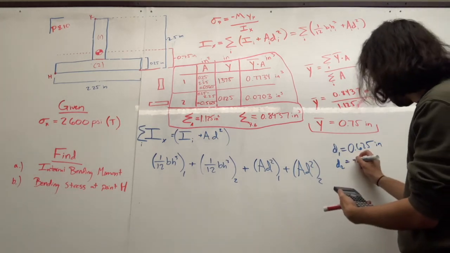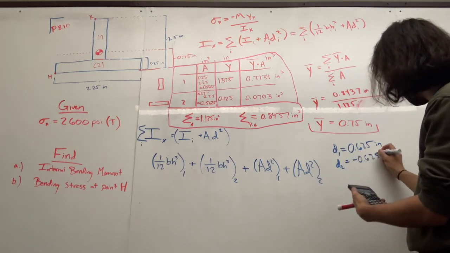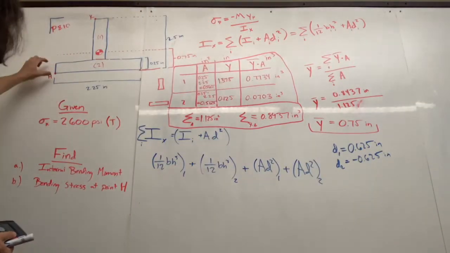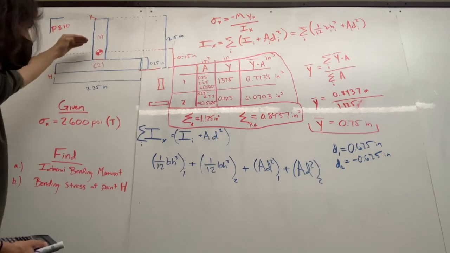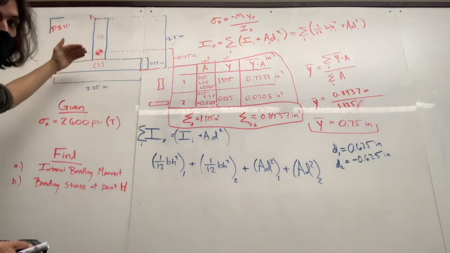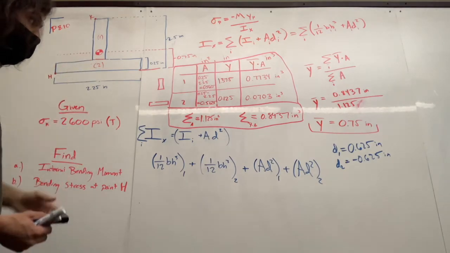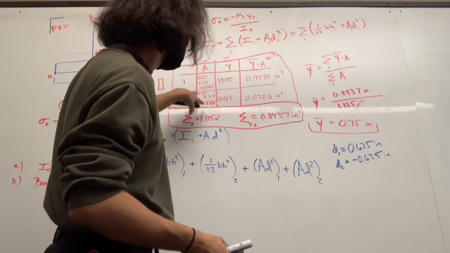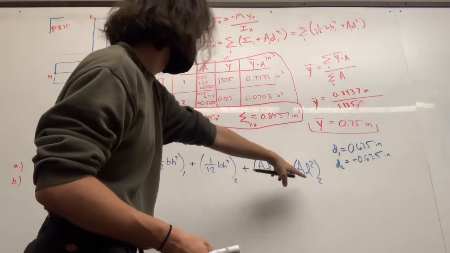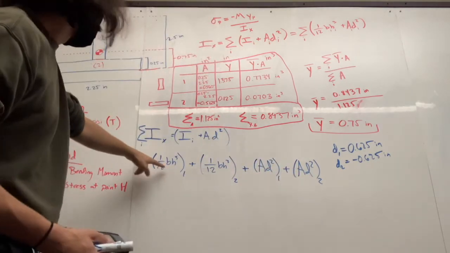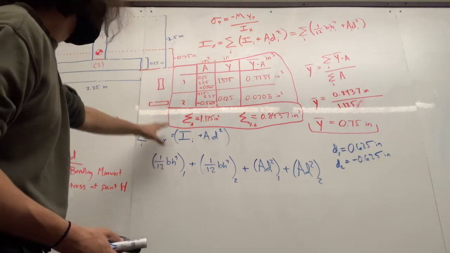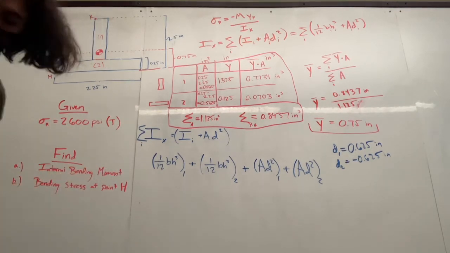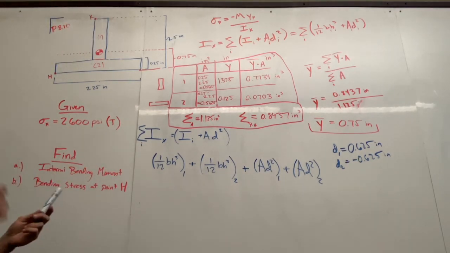And that makes sense because the centroid for this rectangle is down here, which is below the actual centroid, so it'd be a negative distance value. The areas we have calculated right here for both of them are equivalent, so we already know these values, and we can easily find these values. This is just the dimensions of the rectangles. So from there we can start plugging values in.